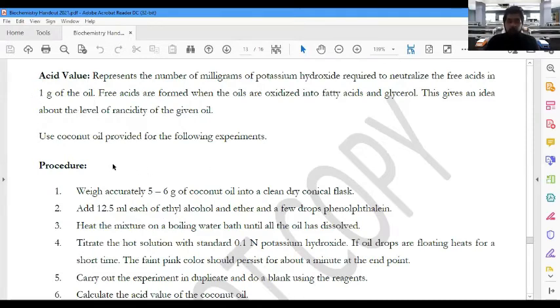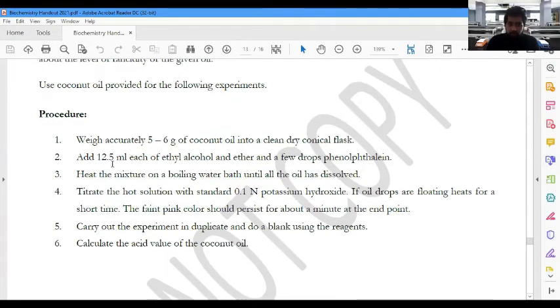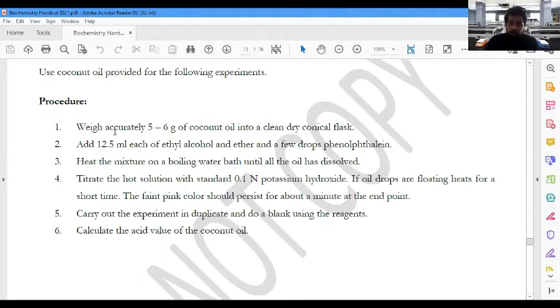Okay. So in order to calculate acid value, we have to take roughly about 5 to 6 gram of coconut oil and record the value into a conical flask. After that, you have to add 12.5 milliliters of ethyl alcohol and ether, with a few drops of phenolphthalein.